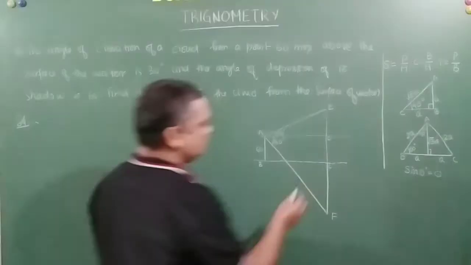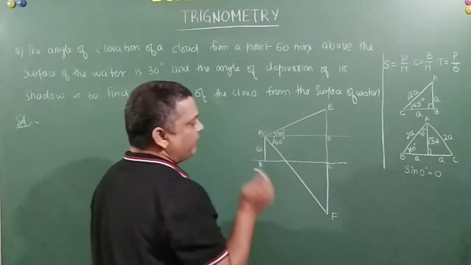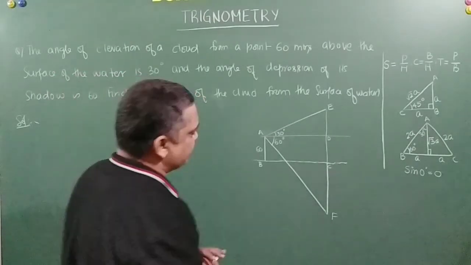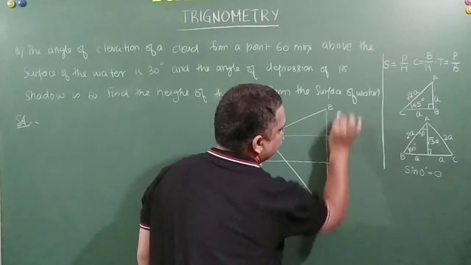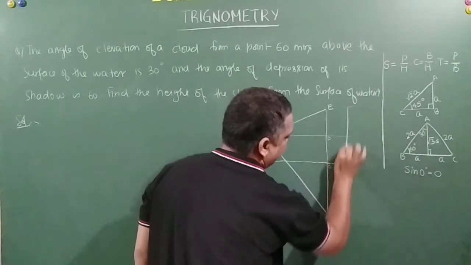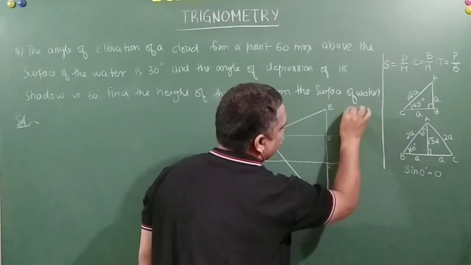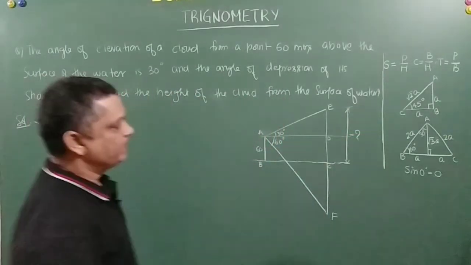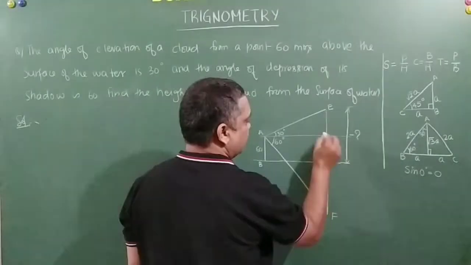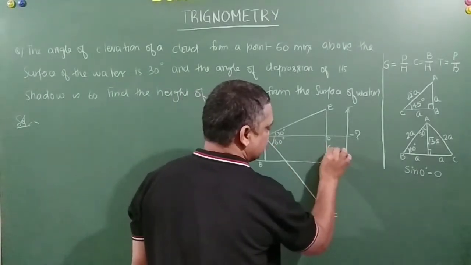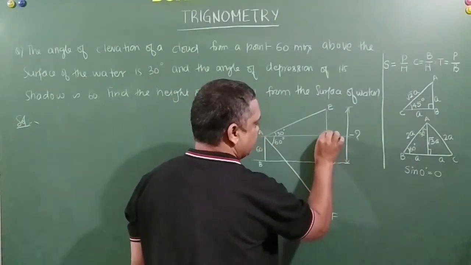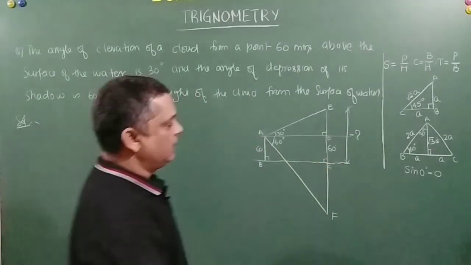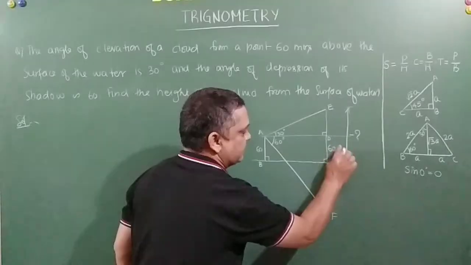Right. Now we are expected to find the height of the cloud from the surface of the water. That means we are to find out this. This is equal to what? So if this is 60, this will be 90 degrees, of course. This is 90 degrees. So this is 60 meters, not degrees.